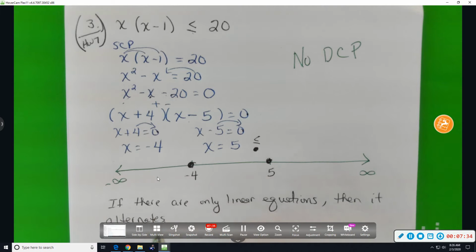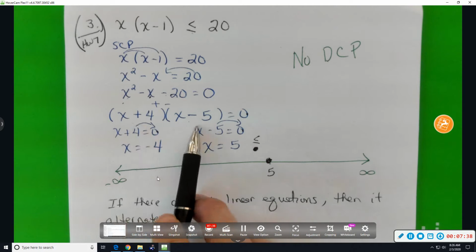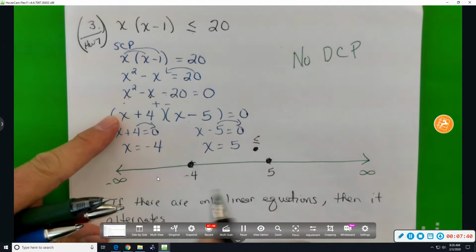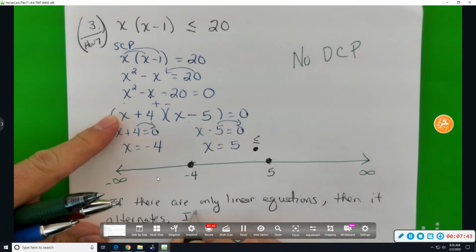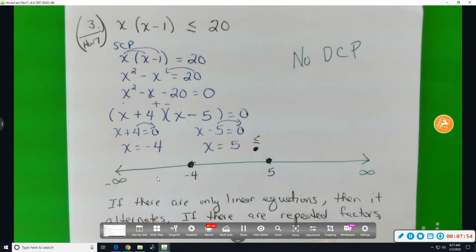Now, if you have to factor it, like over here we had to do some factoring, okay? If there are repeated factors, then it might not alternate. Might not alternate, which means you would need to check all 3 of these.